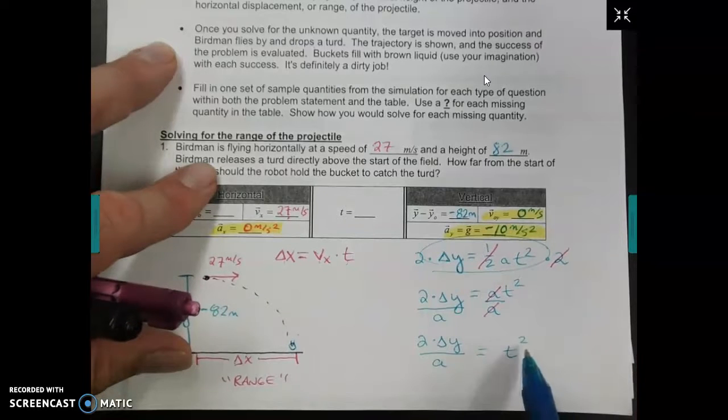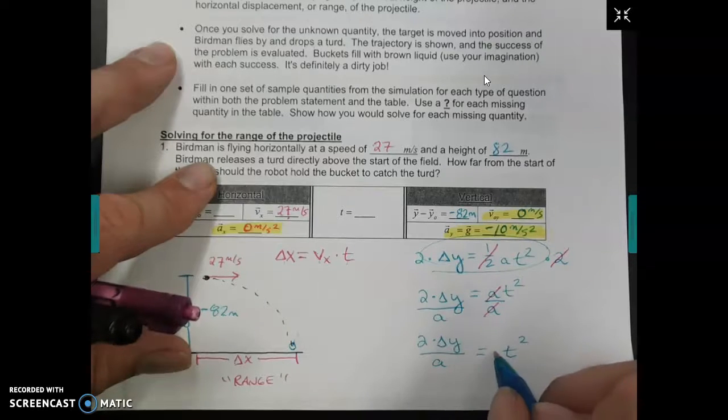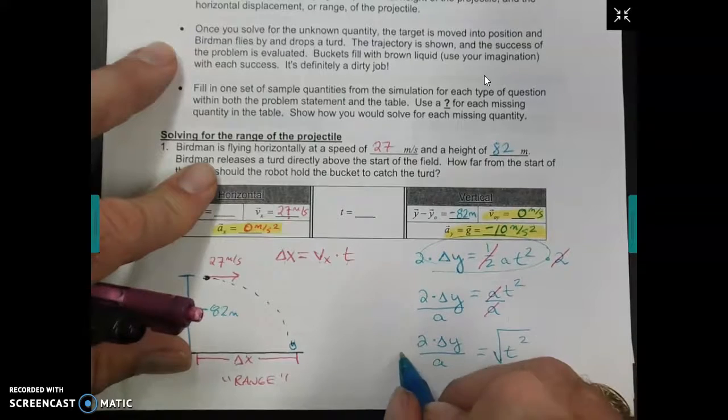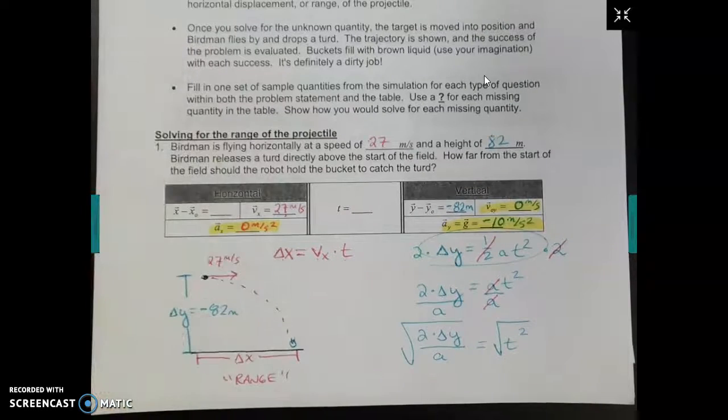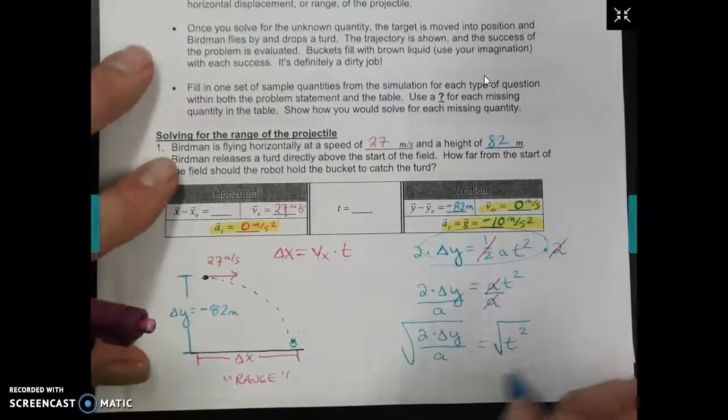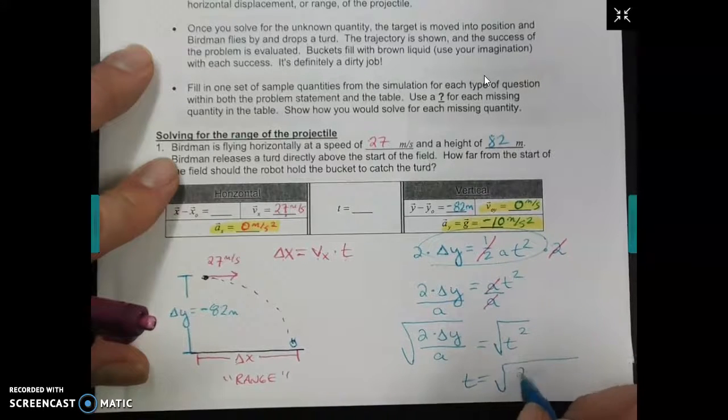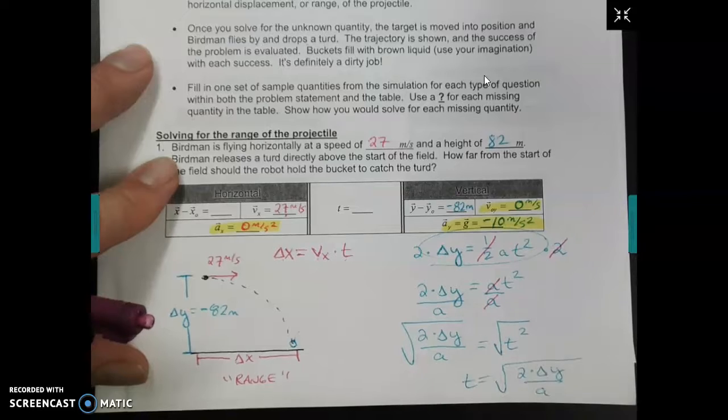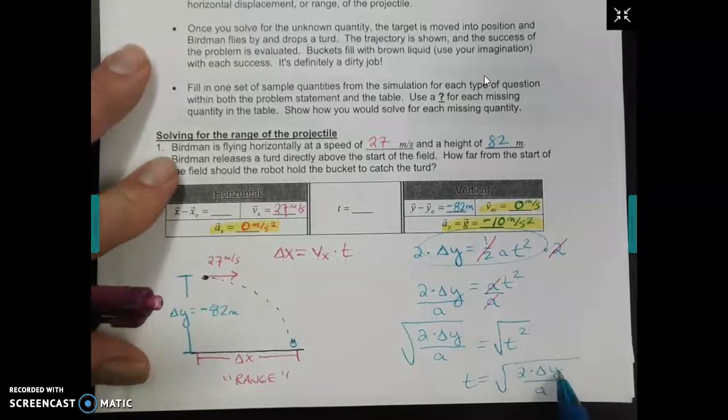The last step is to get rid of time squared. We want to know time, not time squared. So I'm going to take the square root of t squared, take the square root of the left side of the equation, and so time then will be the square root of 2 times the vertical displacement divided by the acceleration.